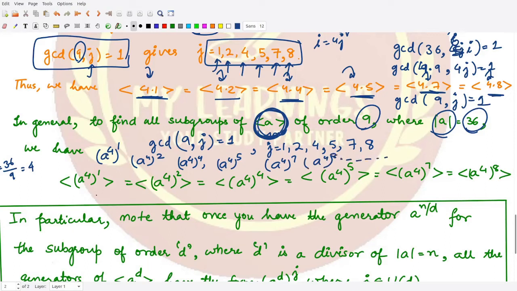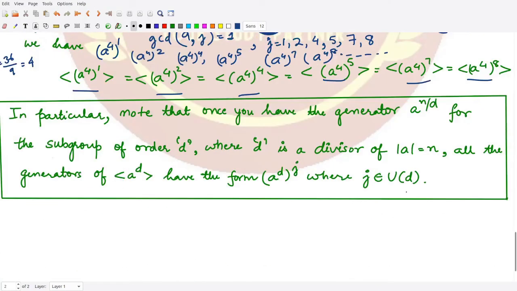So the subgroups generated by all these generators are equal to each other. In general, we have the result that whenever we have the generator a raised to power n divided by d, in our case n was 36, d was 9, so the generator is a raised to power 4.